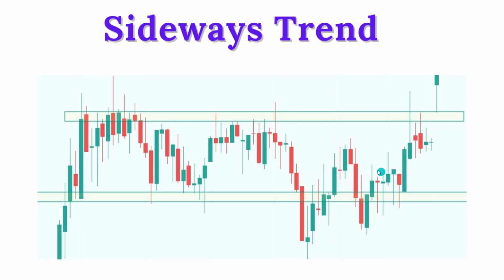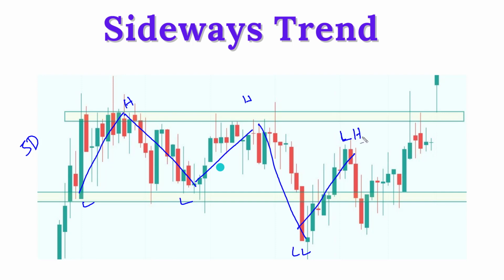So let's move on. This is sideways, as I explained already. Is there any particular trend you can see? No, we see sideways. If you see, this is a low, this is a high, and again it came to an equal low, and equal high, and it made a lower low, and again a lower high.